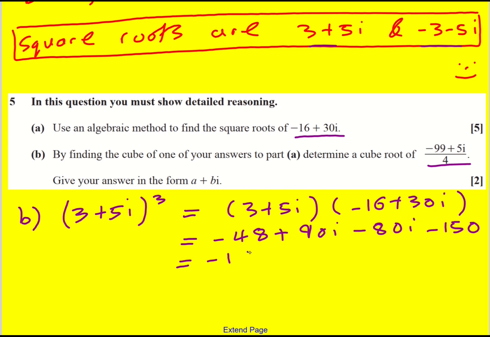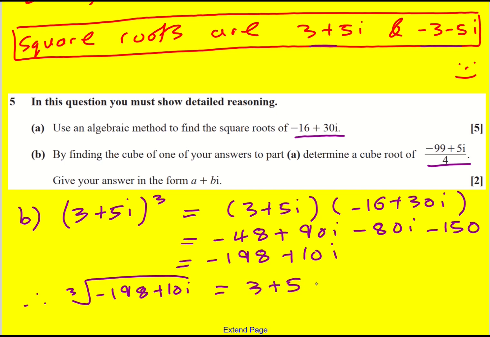This gives minus 198 plus 10i. So therefore, the cube root of minus 198 plus 10i is going to equal 3 plus 5i.